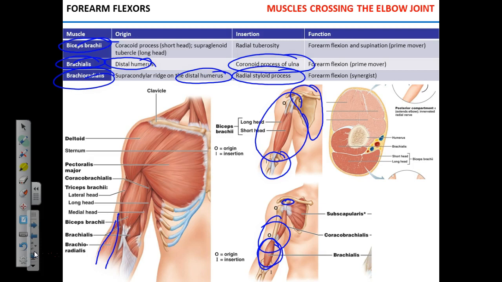The styloid process of the radius is right here. So you can see that to bend the elbow, it's a lousy position, really. It's really not a good position. So brachioradialis is a synergist in forearm flexion, but it's not a primary mover. Does it make sense? We're going to pause it.